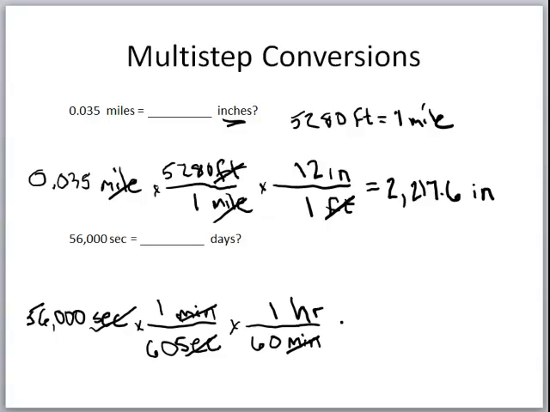And then I'm going to convert hours to days by saying 24 hours in 1 day. Let's do the math. 56,000 divided by 60 divided by 60 divided by 24, and we get 0.65 days. So we've just converted seconds to days.